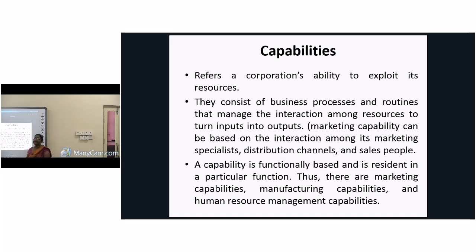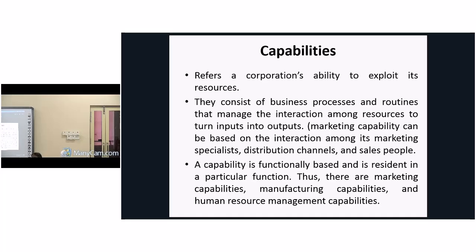Capabilities are the other important element in the internal environment. I said there are basically two: resources and capabilities. Capabilities are different from resources. They consist of business processes and routines. Capabilities are the business processes you have in your firm.